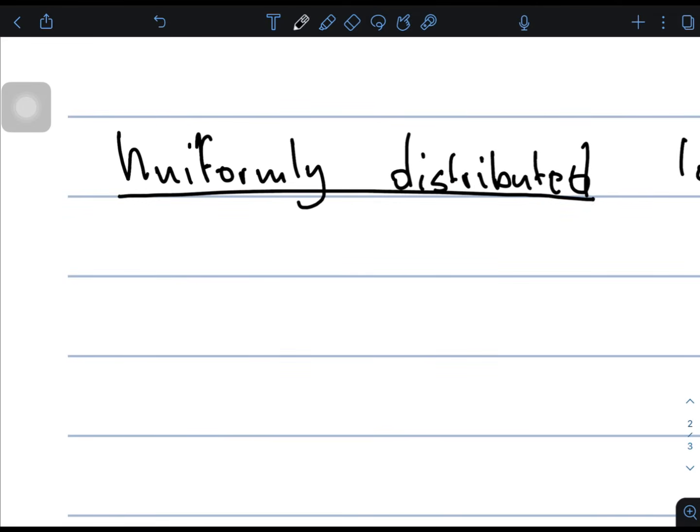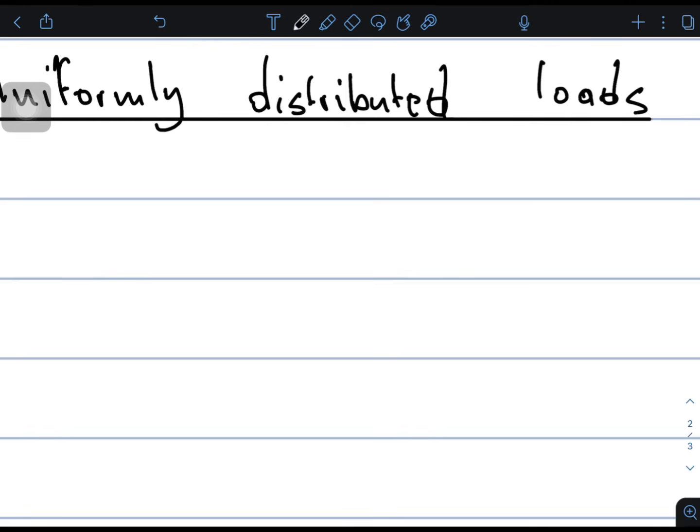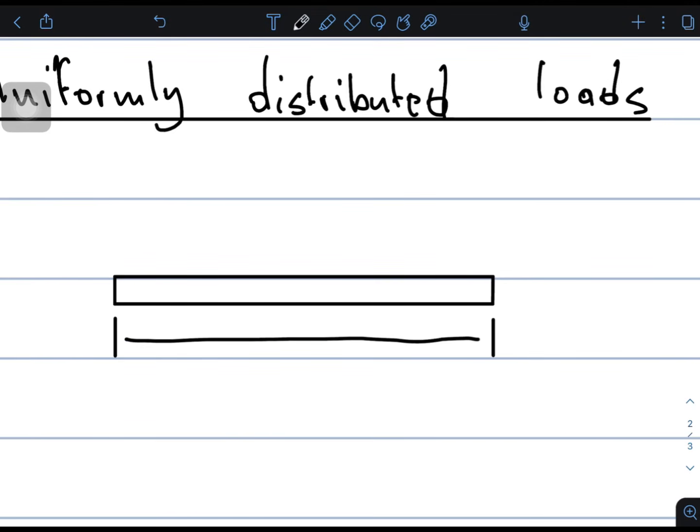Guys, I want to show you what we mean by a uniformly distributed load. Let us say we have a beam, and this beam is 8 meters long.